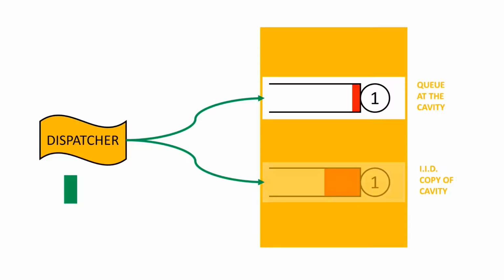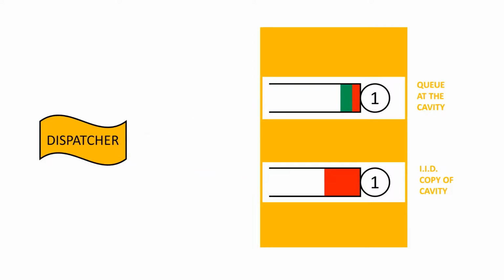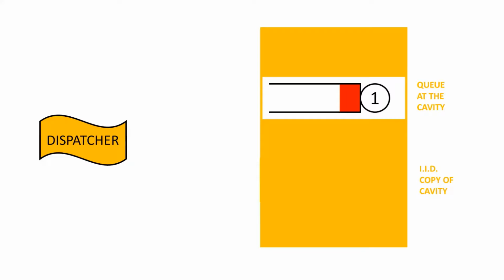When this amount of work is larger than the work at the cavity queue, we assign the incoming job to the cavity queue, and we again forget about this other selected queue. If the other selected queue would have had less work than the cavity queue, we would not have assigned the job to the cavity queue, and it would not have influenced its workload.